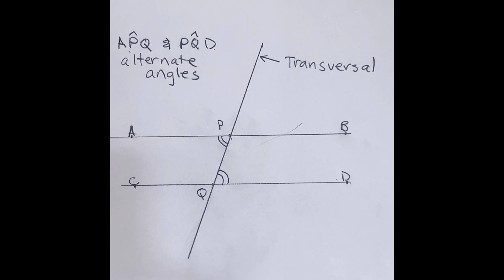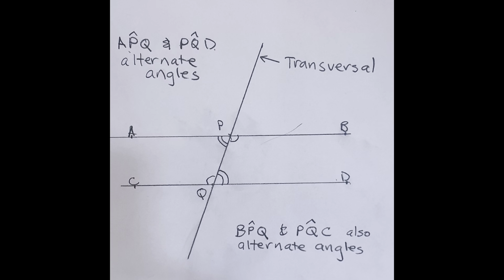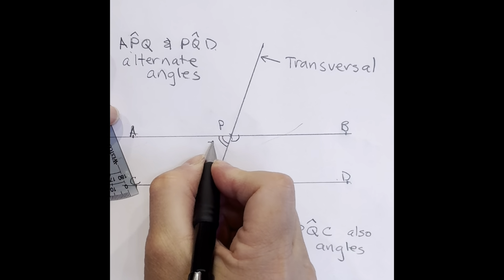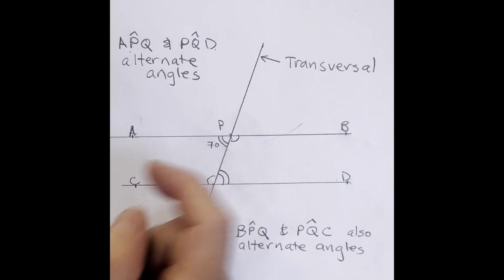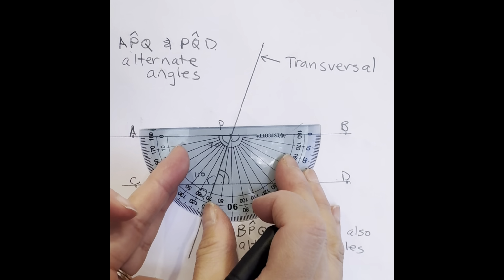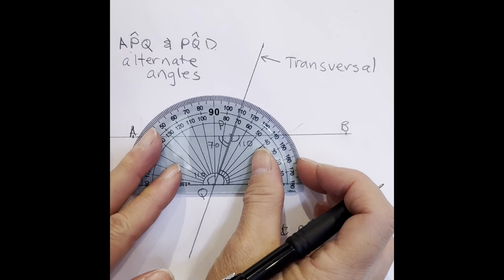Angles BPQ and PQC are also alternate angles. And when we use a protractor to measure these angles, we find that when a transversal cuts two parallel lines, the alternate angles are equal.